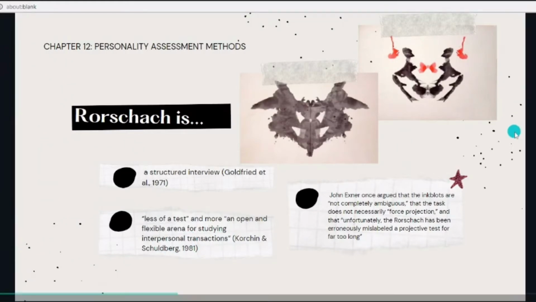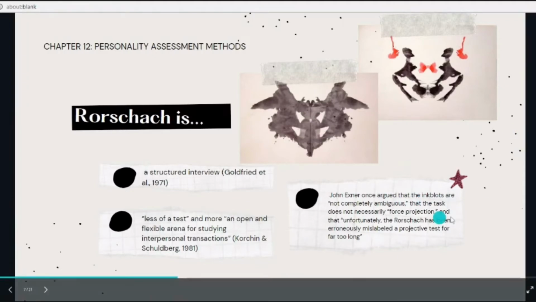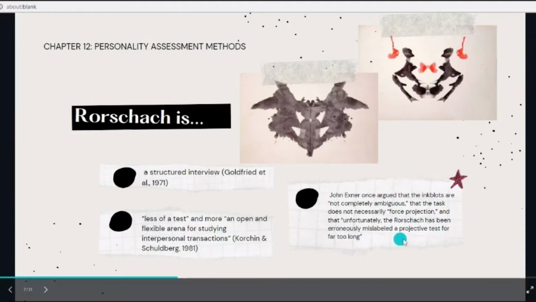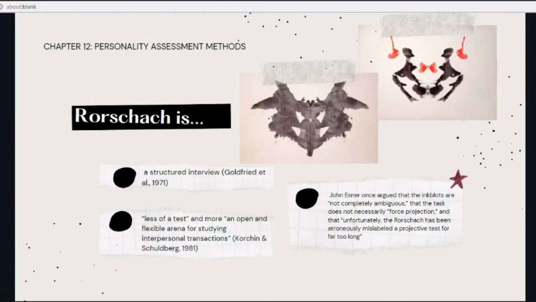And John Exner, one of the Rorschach's authorities, once argued that the ink blots are not completely ambiguous, that the test does not necessarily force projection, and that unfortunately the Rorschach has been erroneously mislabeled as a projective test for far too long.